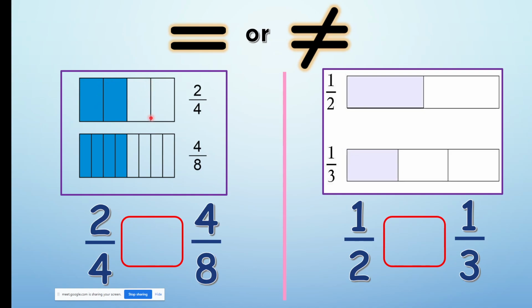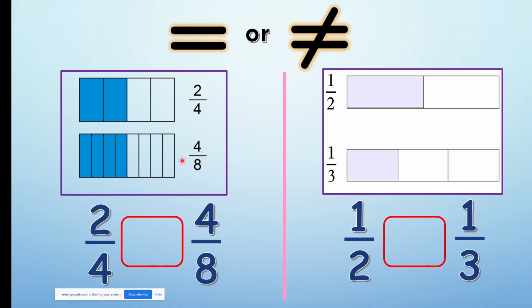Now, the next rectangle, number 2, was cut into 8 parts. Alright? In the first rectangle, you got 2 shaded parts. So, the fraction here is 2/4. For the next rectangle, you have 4 shaded parts. It means the fraction is 4/8.